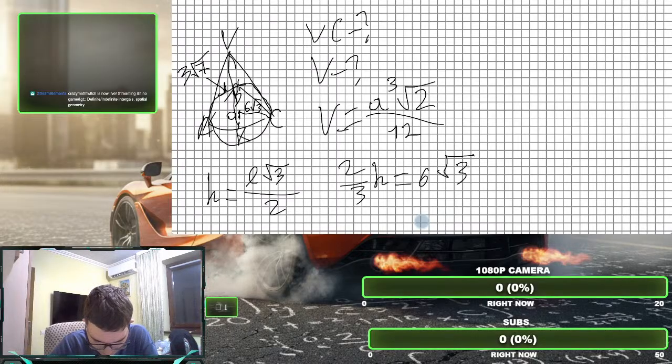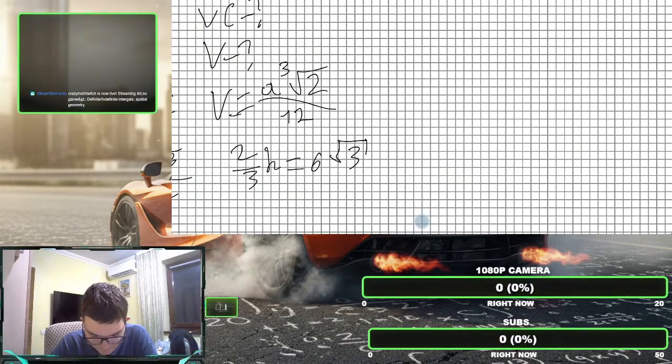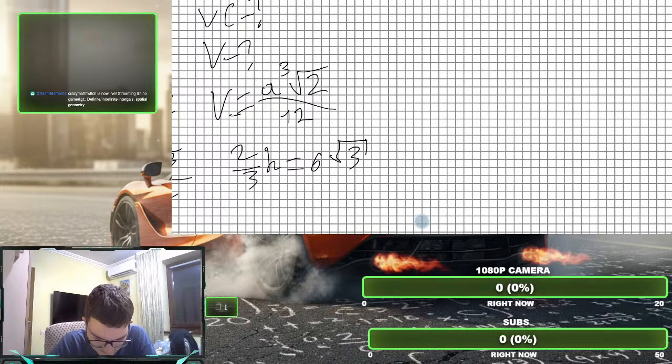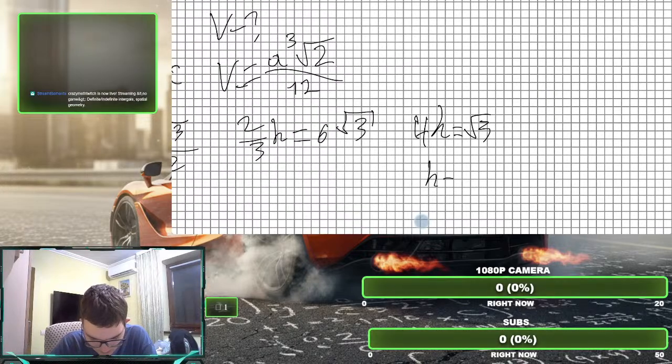Top G formula. Now, working from here, we'll have 12 divided by 3, so 4 height equals with square root of 3. Height equals with 4 divided by square root of 3.